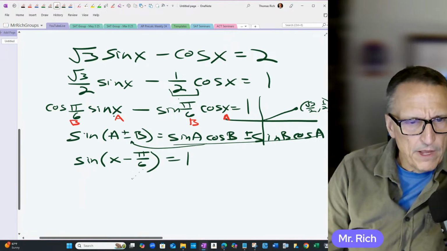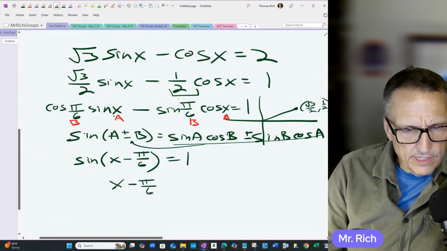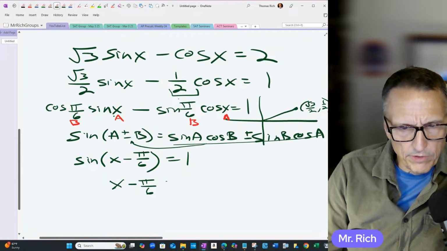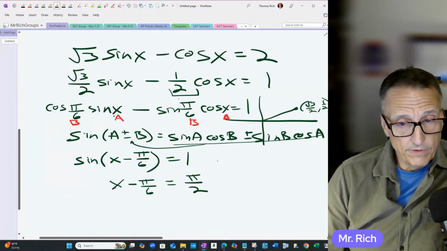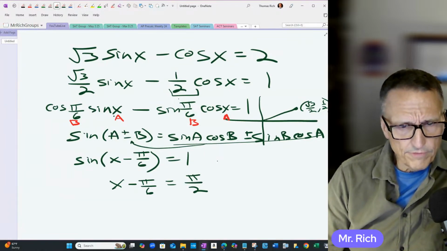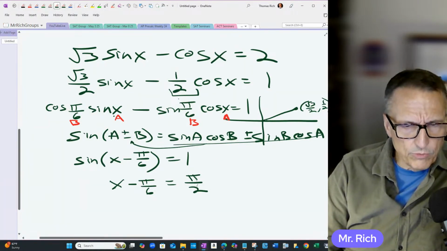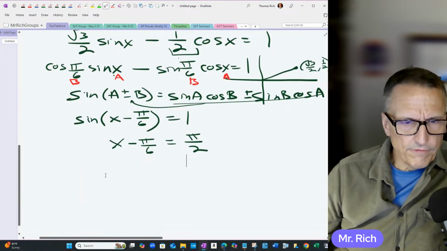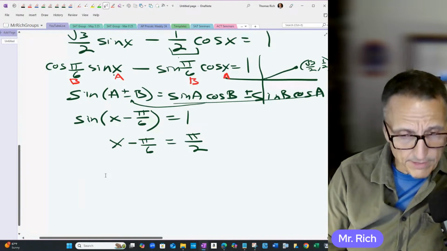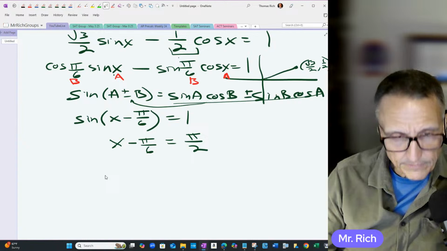And so therefore, what we can do now is say, okay, let's consider when is sine of an angle equal to 1. Well, there's only one point in the unit circle where that's going to occur, and that's at pi over 2. So therefore, this angle, x minus pi over 6, has to be equal to pi over 2. And then that allows me to solve for x. I'm going to add pi over 6 on both sides.